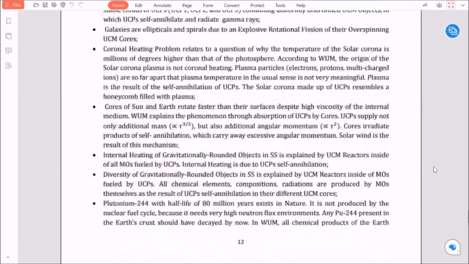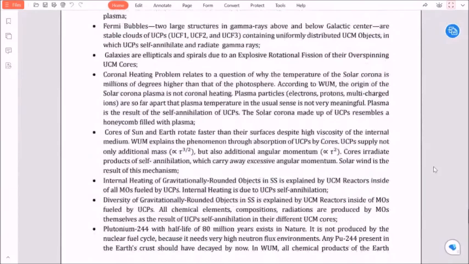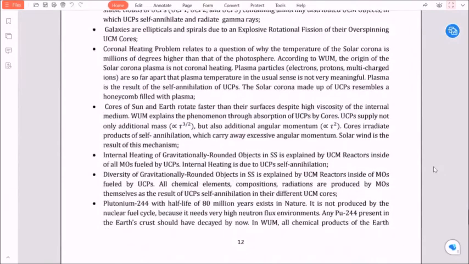The coronal heating problem relates to the question of why the temperature of the solar corona is millions of degrees higher than that of the photosphere. According to WUM, the origin of the solar corona plasma is not coronal heating.